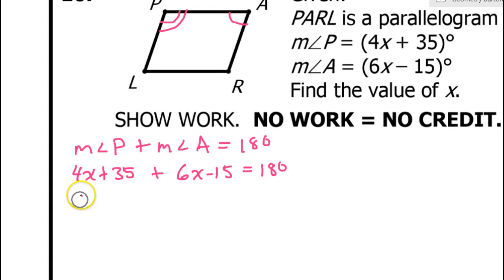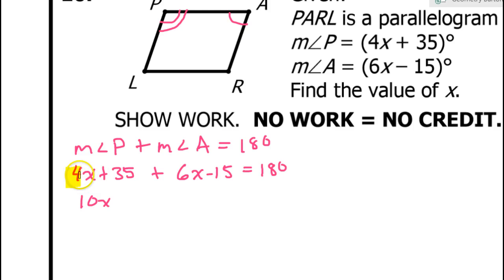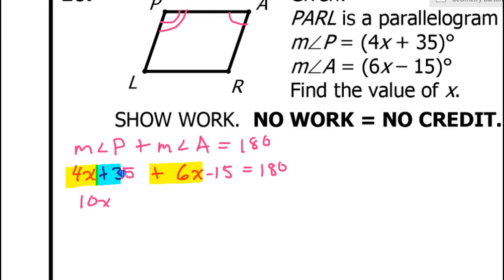Combining like terms, that's going to be 10x. These are like terms, and of course, these are like terms, so combining like terms, I'm going to have 10x plus 20 is equal to 180.